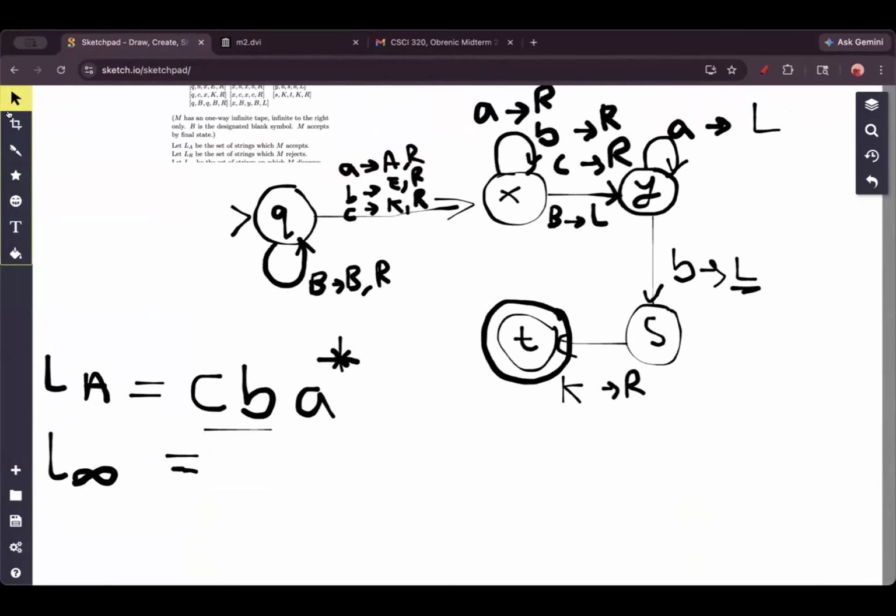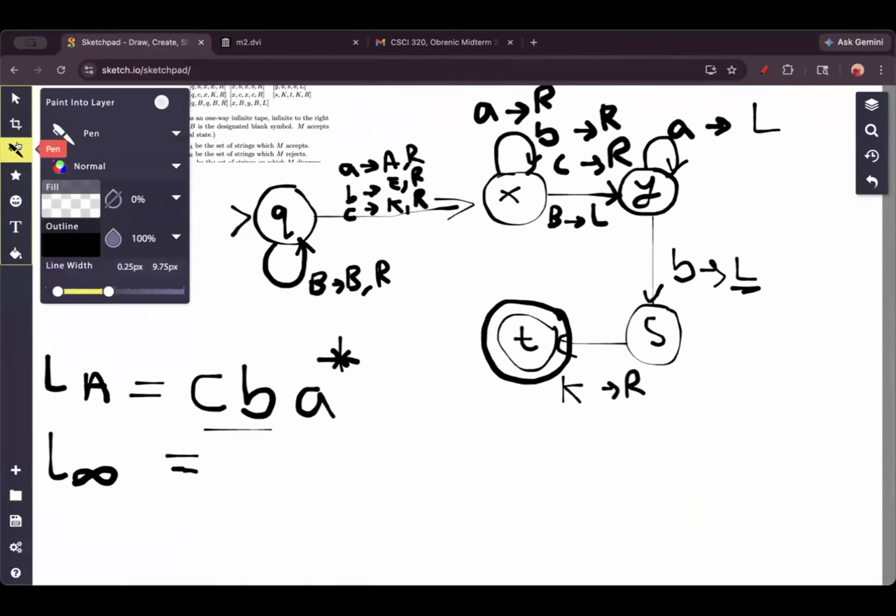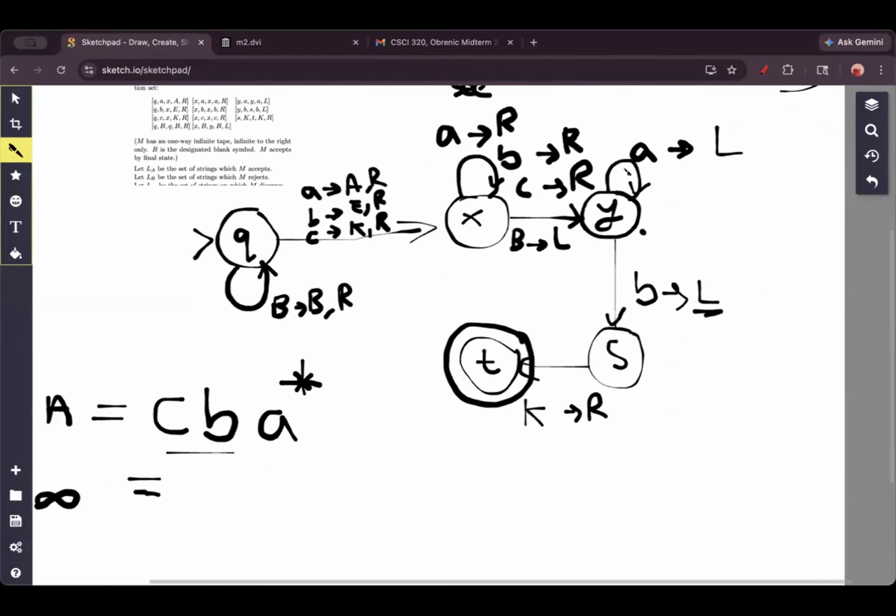But recall, it can reject in state Y when it sees a C, and it could also reject in state S when it comes across uppercase A or B, because remember it only accepts if it sees the uppercase K. There are no instructions for the other ones, so it would reject, right?